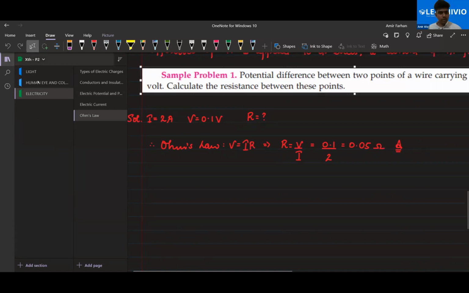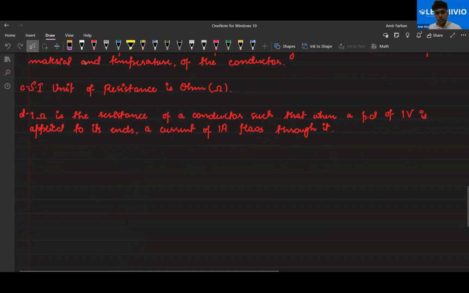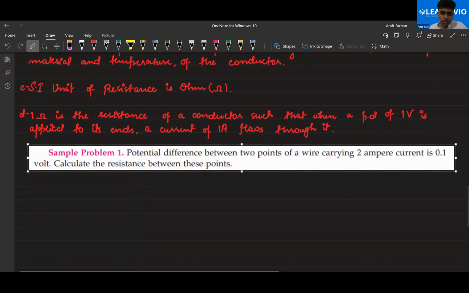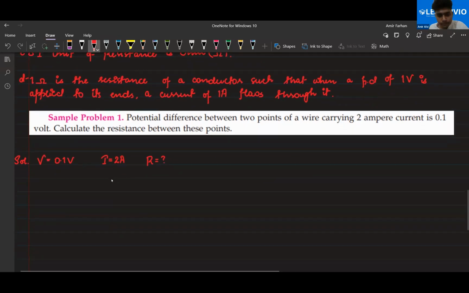Yes. Okay, so let's do a question here. This is a basic question on Ohm's law. The question says that the potential difference across a conductor is 0.1 volt and the current flowing through it is 2 ampere. We need to find the resistance of this conductor, the resistance between the 2 points.